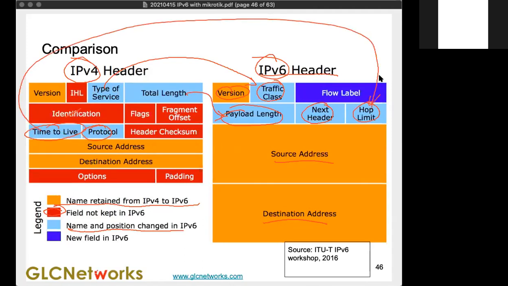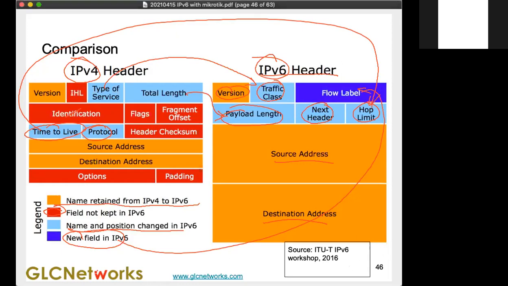So same functionality, but a different name. Okay. And then we have a new field in IPv6, which is this one, flow label. We don't use it now, perhaps in the future, but we can identify a flow of connection.